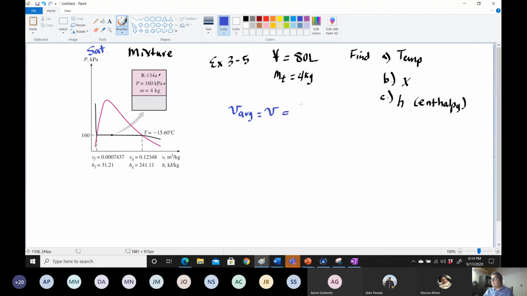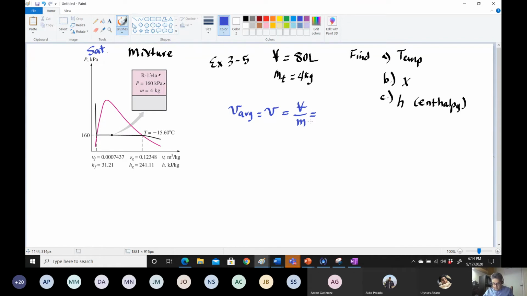We have the total volume, so it's the total volume divided by the total mass. You may not see T used for total, so if you see mass, you have to assume it's not just mf or mg, the mass of the liquid or the mass of the vapor. It's just the total mass of that system.